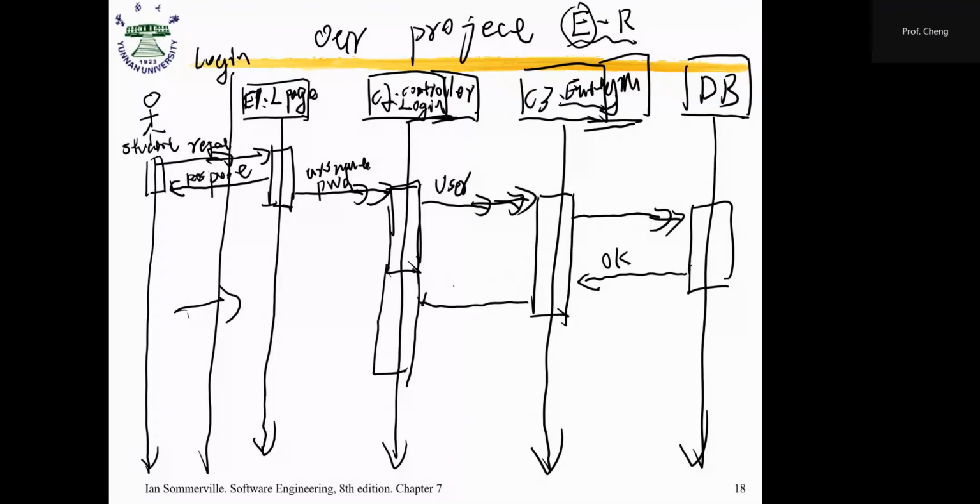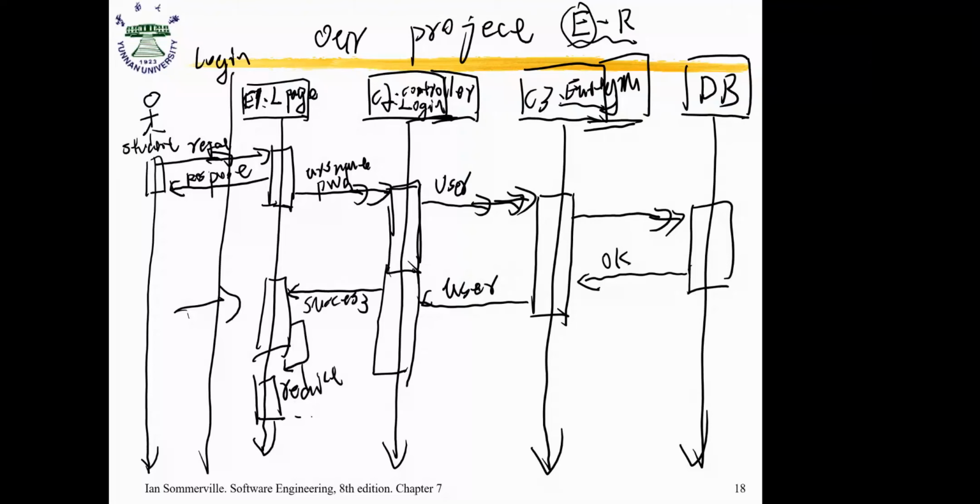That means this user, you can find it in the database. Understand? And it will go back to the login page. That means success, right? Then it will redirect to the main page.